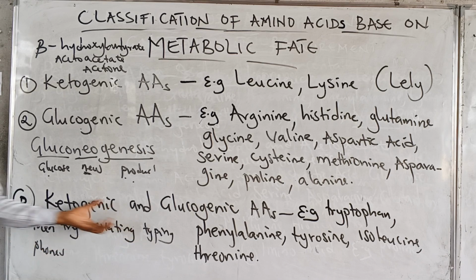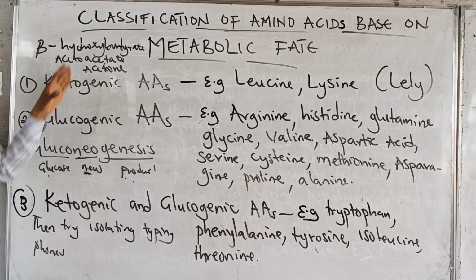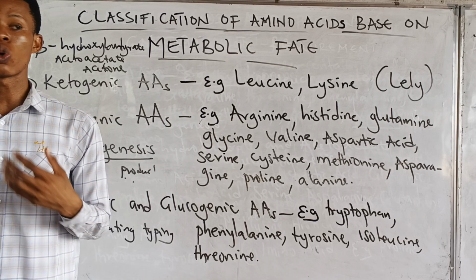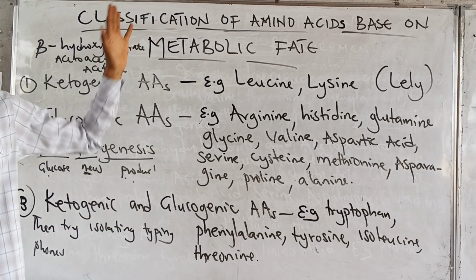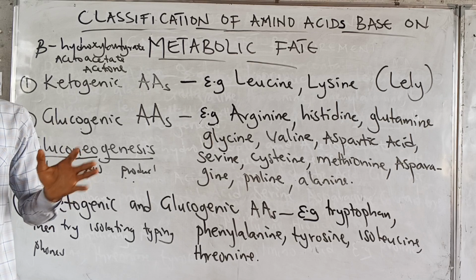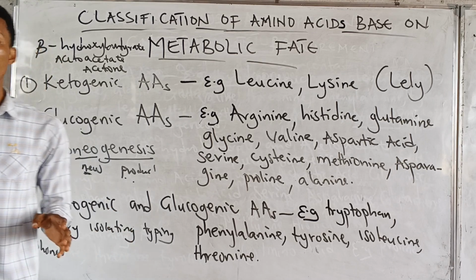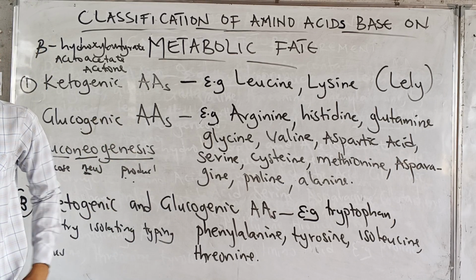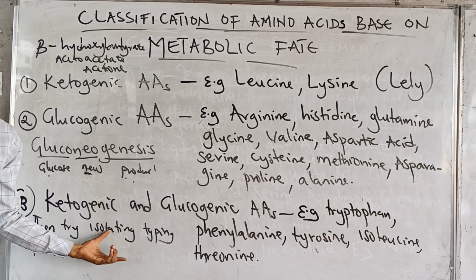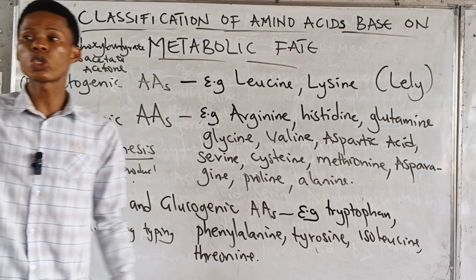This one is for both glucogenic and ketogenic. If I'm asked in exam to classify amino acids based on metabolic fate, remember your exam is theory, I start from ketogenic, then both. First, you have to know the 20 amino acids.